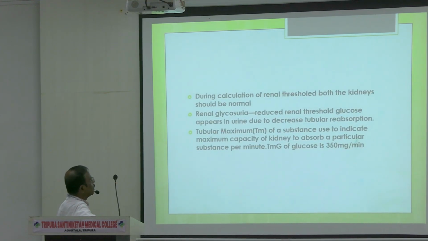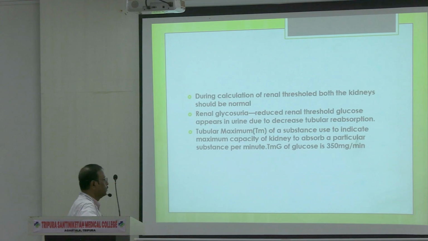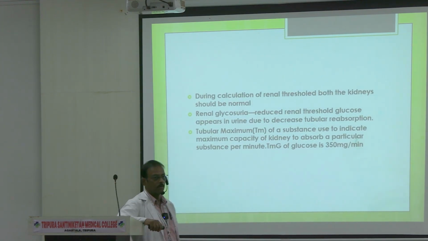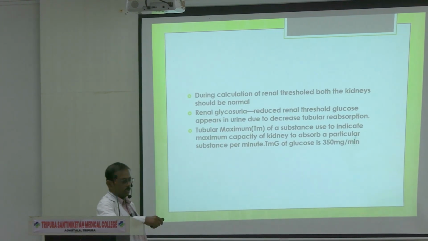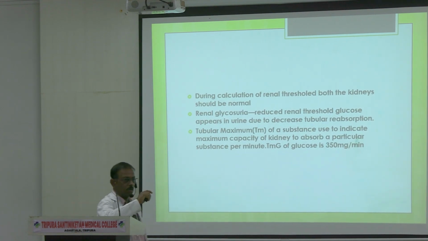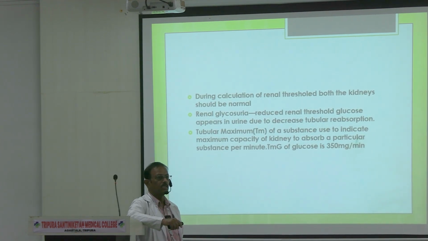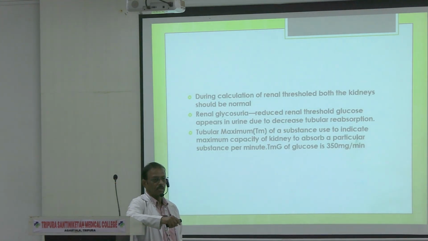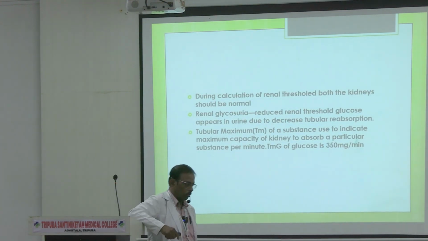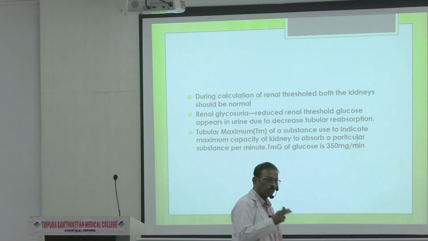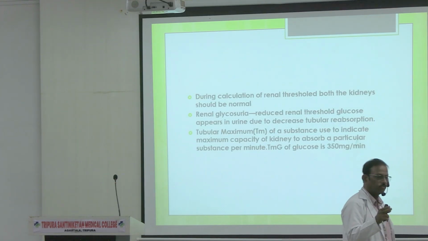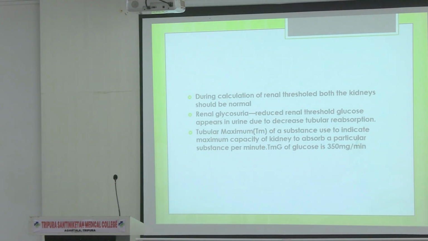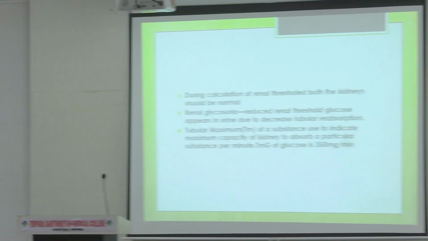During calculation of renal threshold, both the kidneys should be normal. If there is one normally functioning kidney, human being can sustain his life. But if there is one non-functioning kidney and one is functioning kidney, the blood gets divided into both the kidney.